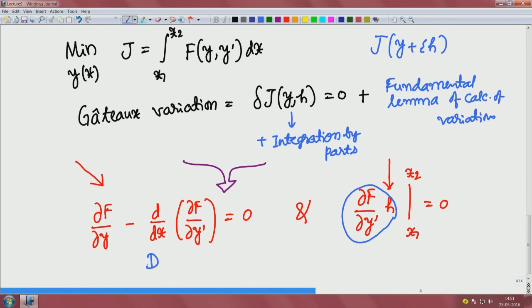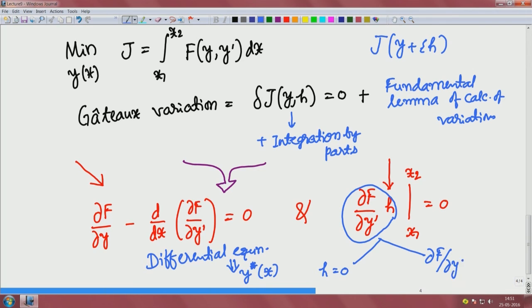First is the differential equation, that is important, and using this differential equation we can calculate the solution function y star of x. For that we also need the boundary conditions. We get two kinds of boundary conditions here. One is h equal to 0, other is dou f by dou y prime equal to 0.